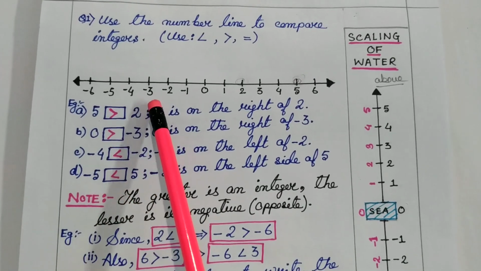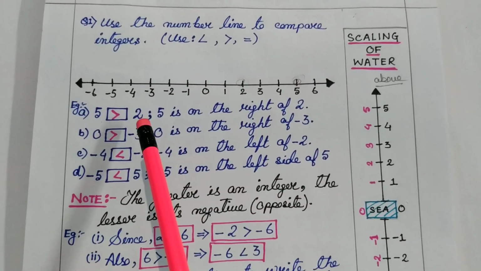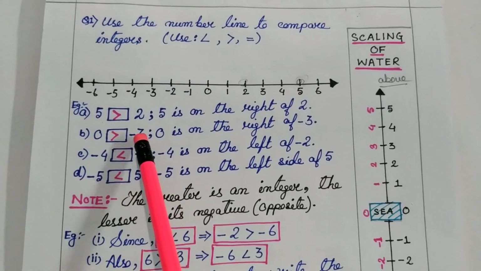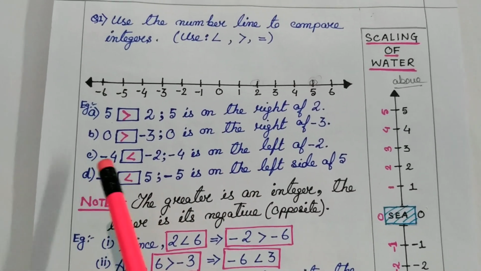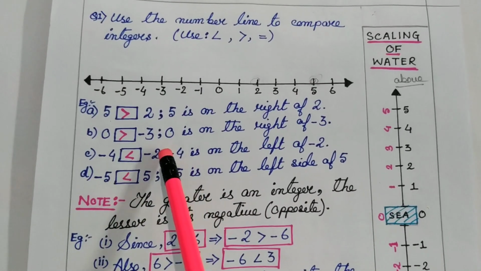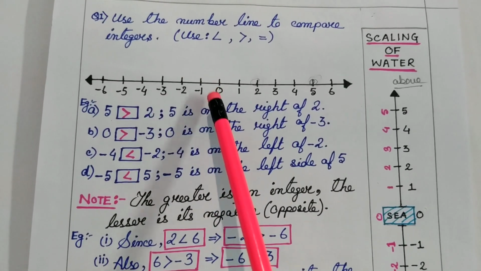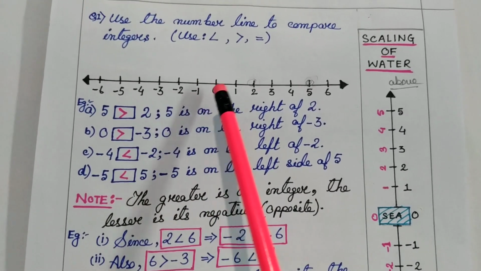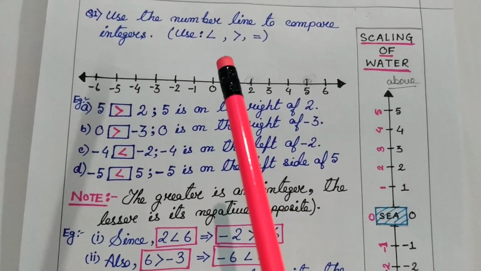So minus 3 is here and 0 is here. So it's going which side? This side. So 0 is greater than minus 3, as 0 is on the right side. So we will see which value is closer to 0, or we can do one thing. We will see which is more to the right side. That value is the bigger value.